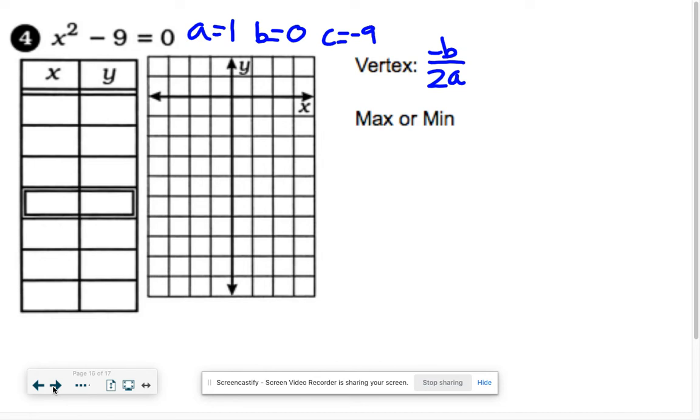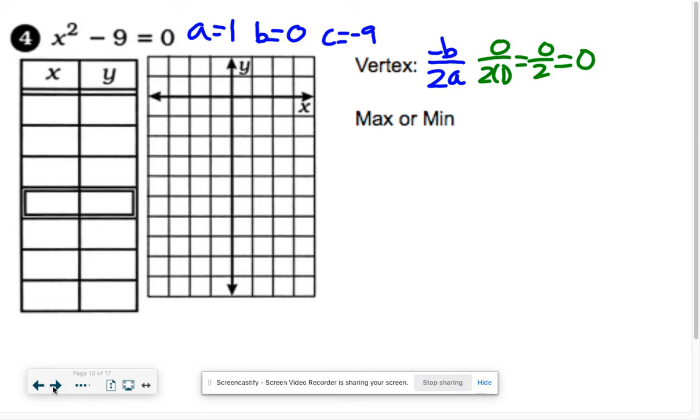So if we plug in here, our b is just 0. 2 times 1 is just 2. We know 0 divided by 2 is just 0. So you guys see how they have like a box that's kind of bolded more on your worksheet? That's where they want your vertex to go, okay? So throw that 0 in there.